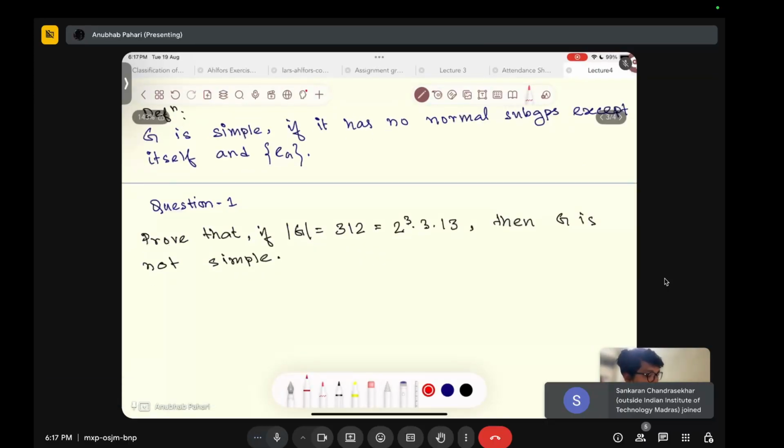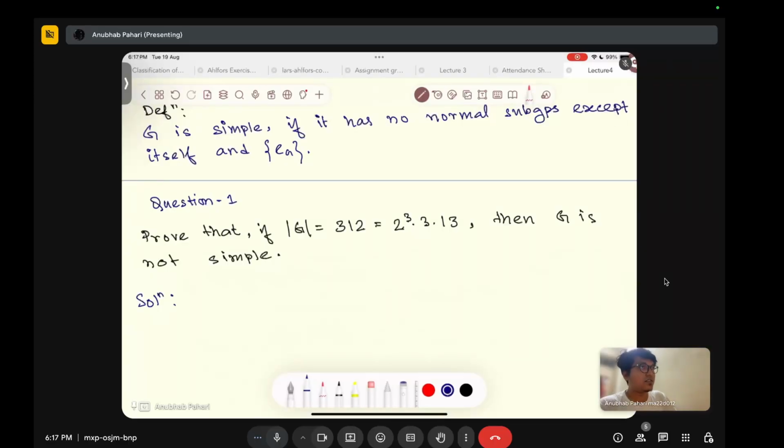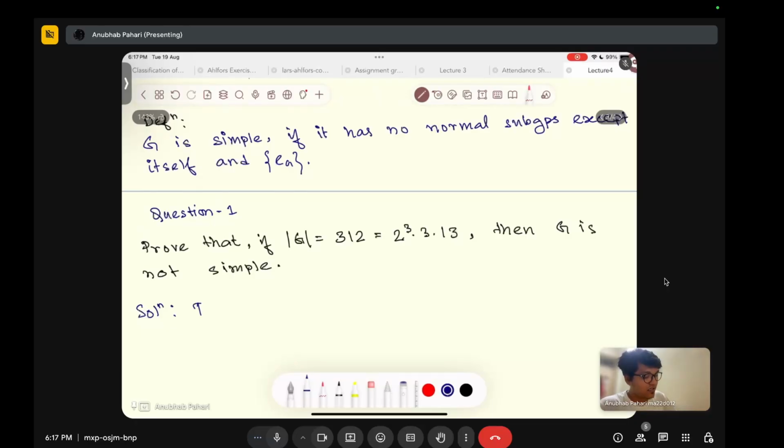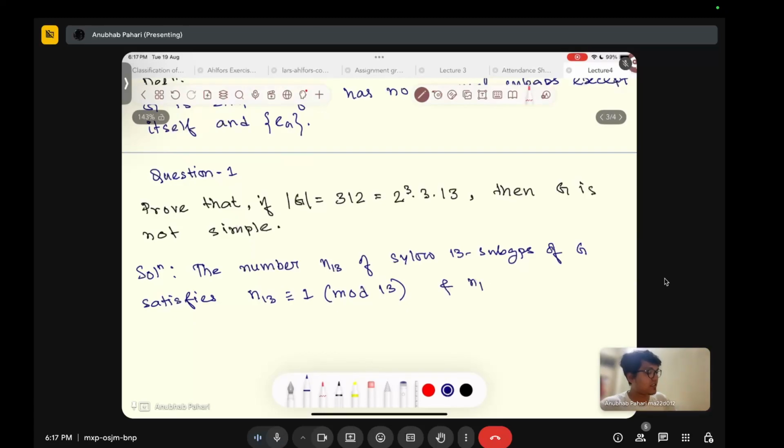Okay, so solution: the number n13 of Sylow 13 subgroups of G satisfies n13 congruent to 1 mod 13, and n13 should divide 2 cubed times 3.